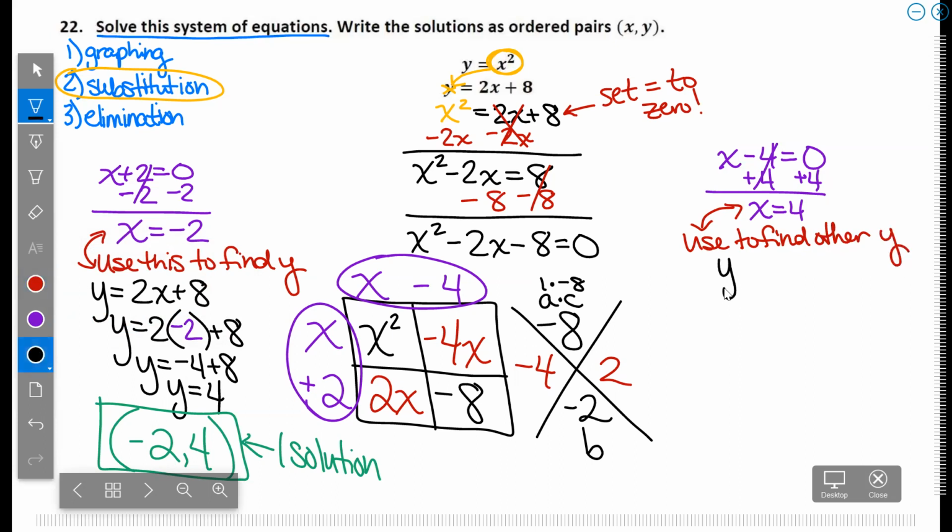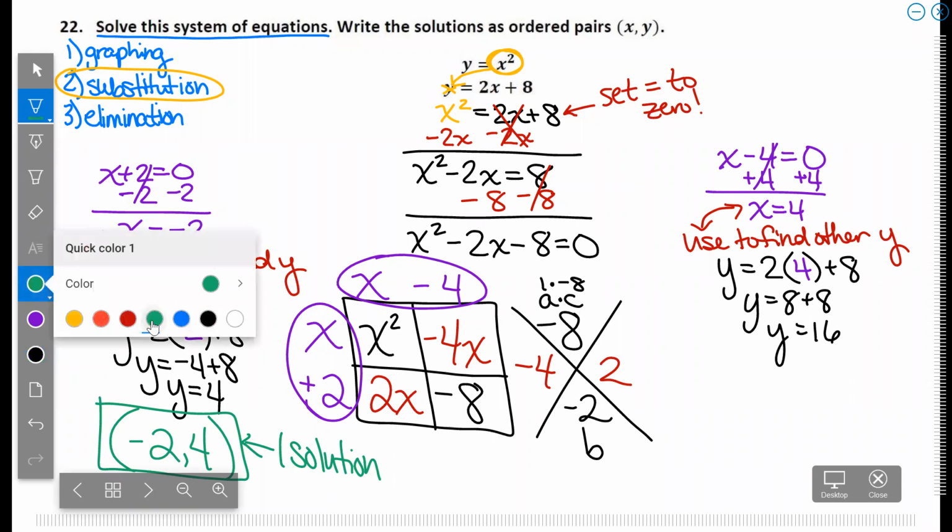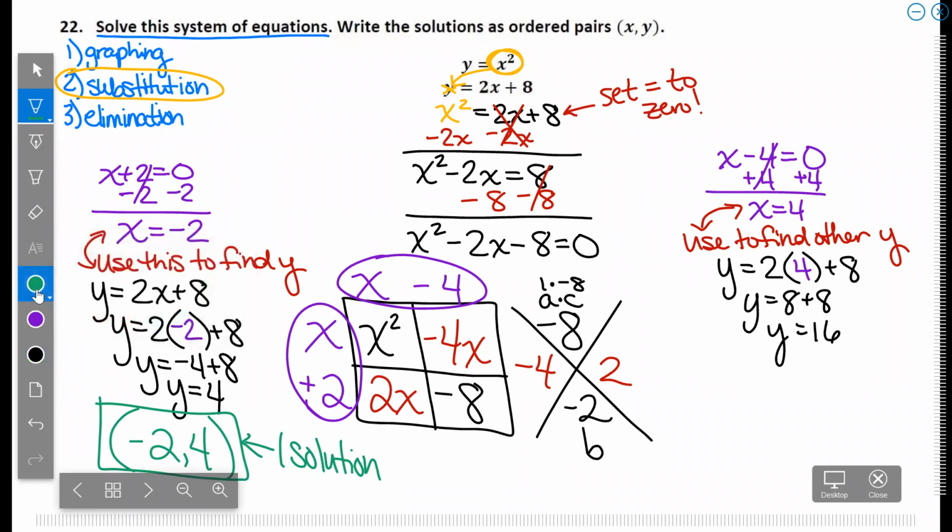I can use the exact same linear equation, y equals 2x plus 8. I'm putting 4 in the place of the x. What is 2 times 4? So I have y equals 8 plus 8. Y equals 16. So what's my other solution then? 4, 16.